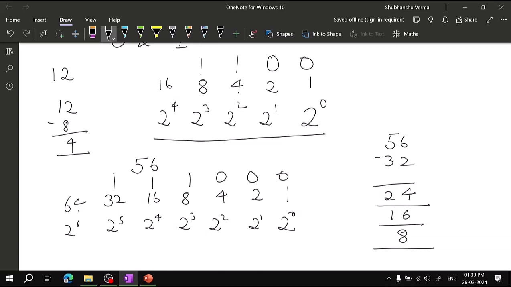Also, vice versa will happen. If I want to see what number is behind the binary taken by the system, I can make it reverse.